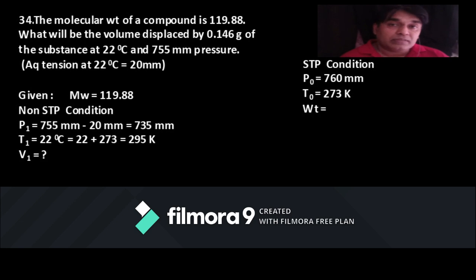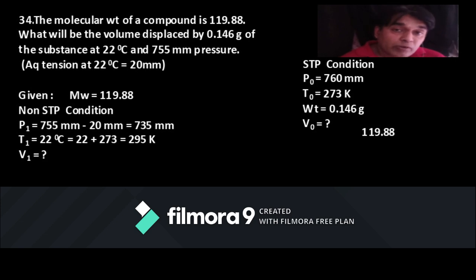Then at STP condition we know that P0 is 760 mm, T0 is 273 Kelvin, and the weight of the compound is given as 0.146. But for STP condition the molecular weight equals 22.4 liters.